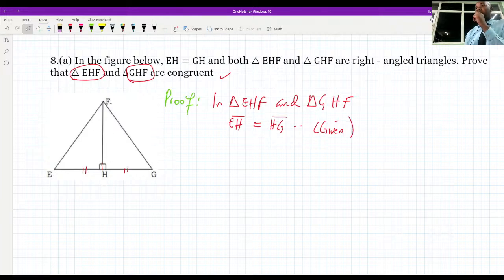You go to angle EHF. Angle EHF is equal to angle H, equals to angle GHF.